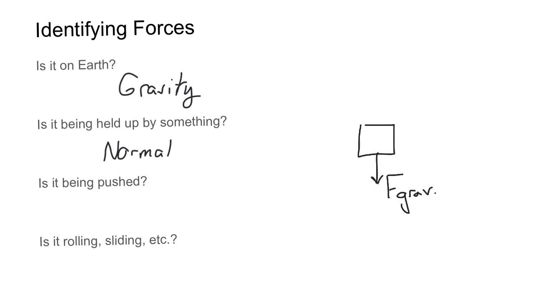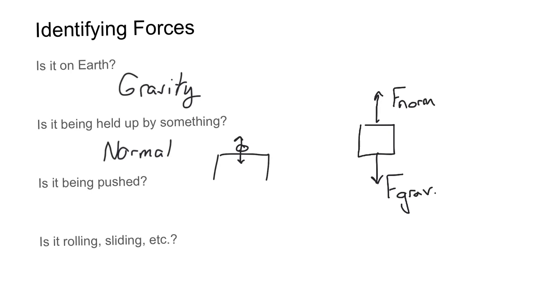The normal force is going to act perpendicular to the surface. So if we had a ball sitting on top of a table, we know it's on Earth, so it has gravity acting downward on it. Well, the table is also acting back upwards on the ball, straight out of the table. So if we have an object being held up by something, I know that I have the normal force acting upward on that object, F norm.